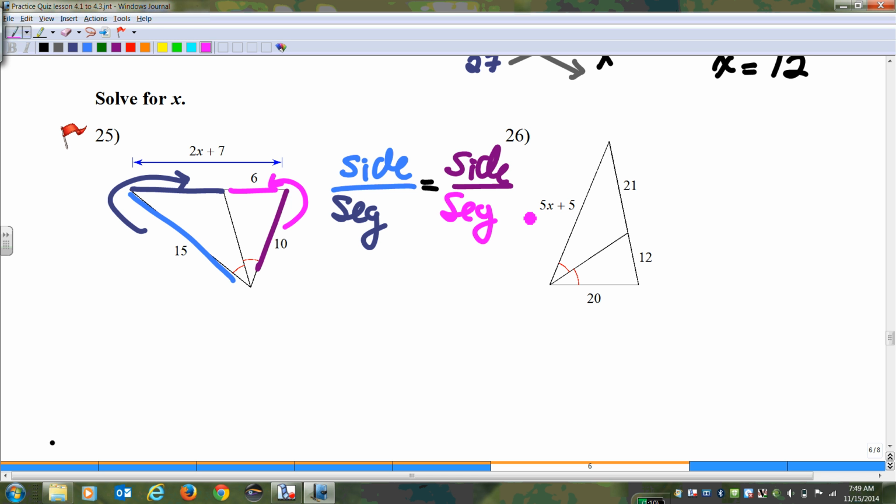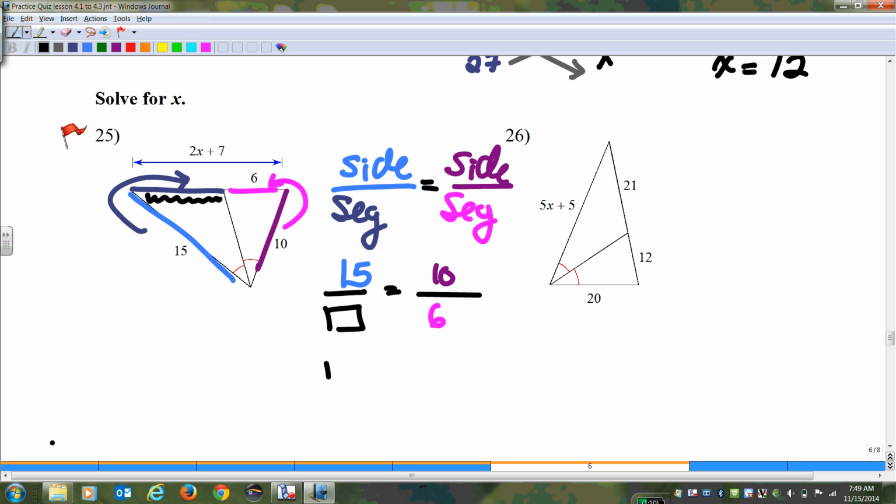Side over seg equals side over seg. Now, that obviously doesn't get us x yet, but let's see what we can find here. Our side is 15. Our segment, I'm just going to use an empty box. You don't mix it up with x there. And then this side, of course, is 10, and this segment we have is 6.